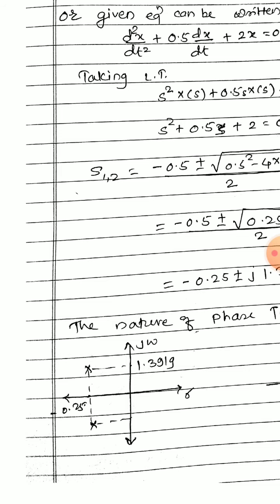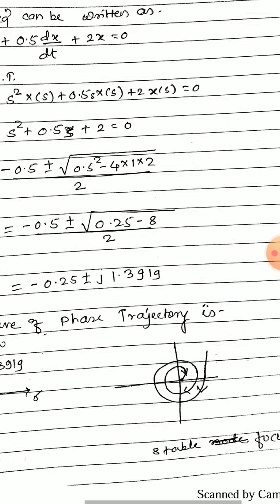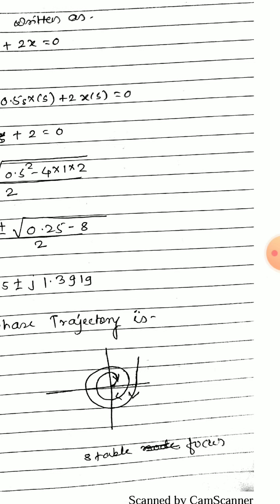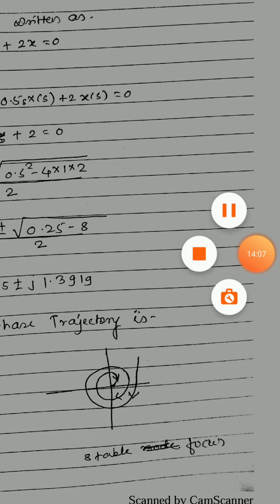Here we can see that the poles are lying in the LHS of the s plane. So this singular point is called a stable focus, and its phase portrait can be represented as shown in the figure. Thus we can solve numericals or find the singular points.